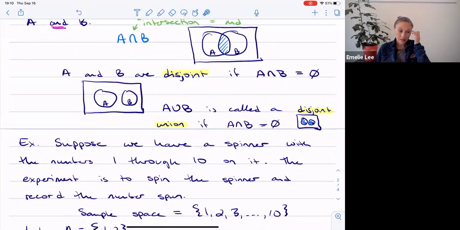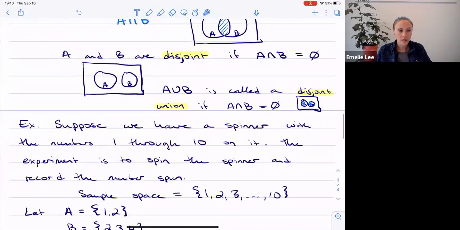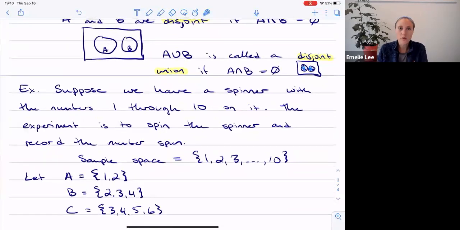Then we had a little example where we said, suppose we have a spinner. Imagine you've got a spinner with numbers 1 through 10 on it. It's assumed that it's discrete values, 1, 2, 3, 4, 5, 6, 7, 8, 9, 10. The experiment is to spin the spinner and record the number spun.